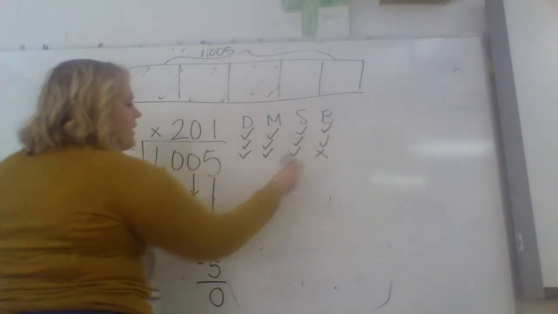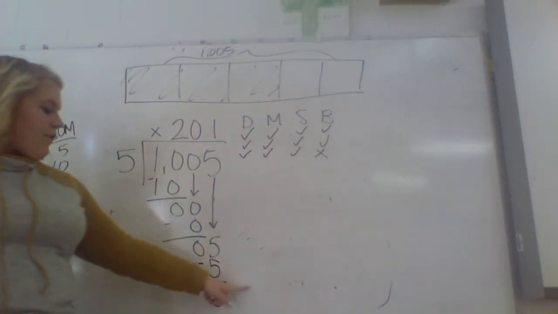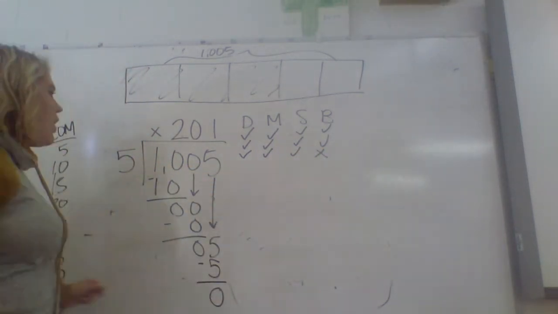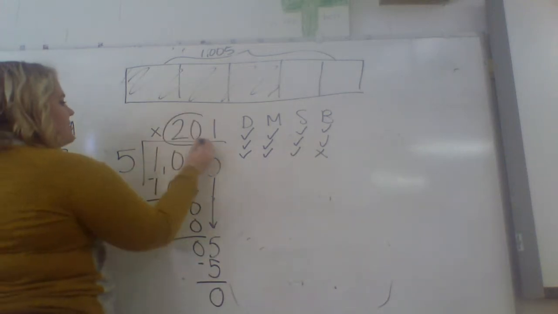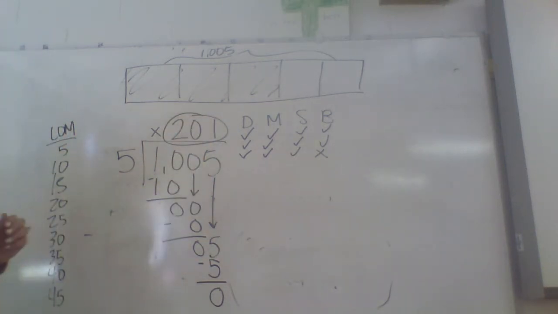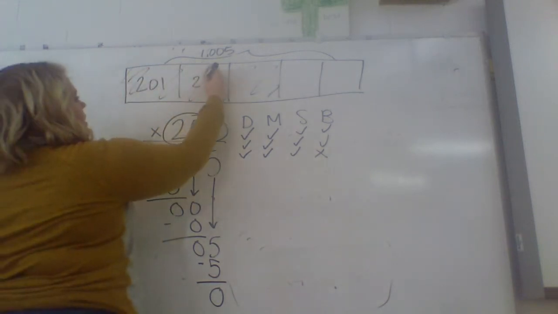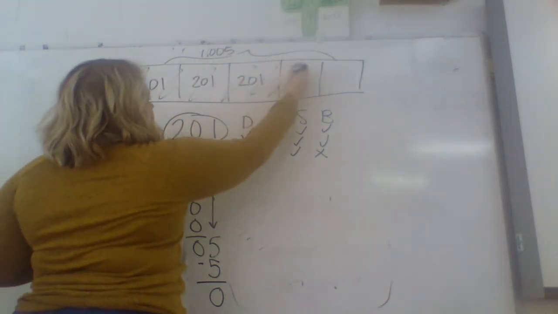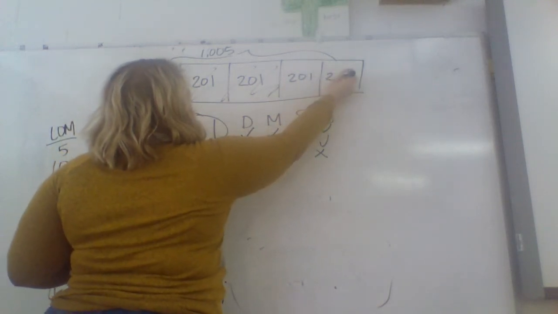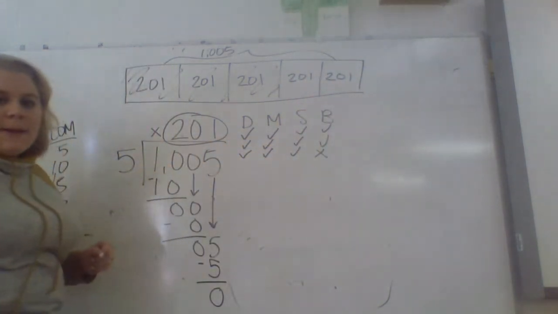I have nothing left to bring down, which tells me to look for a remainder. There isn't one. So 1,005 divided by 5 is 201. That means each of these 5 days, Sarah drove 201 miles.